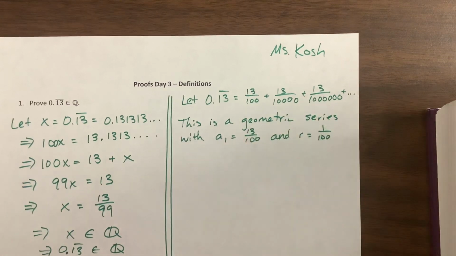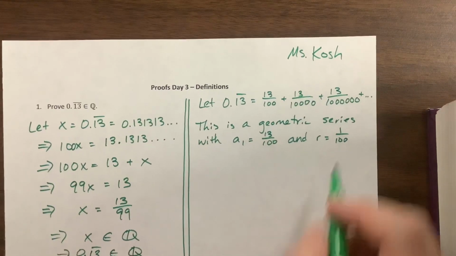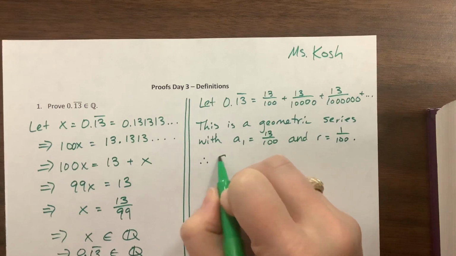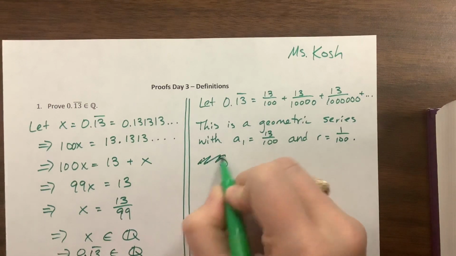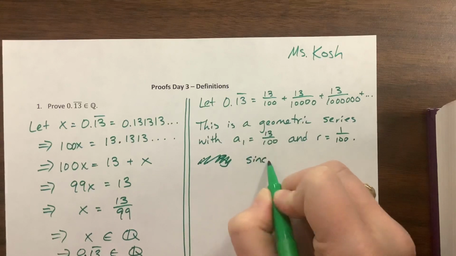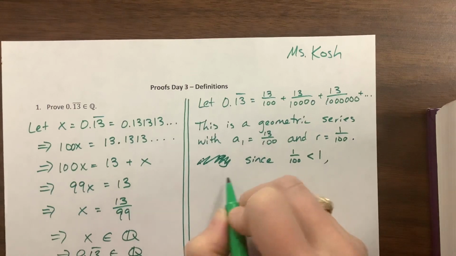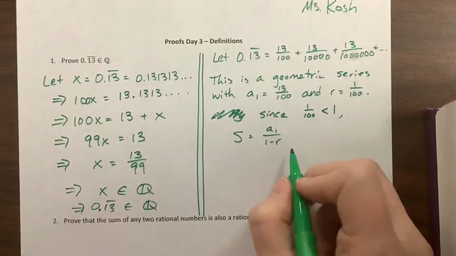Notice I'm multiplying by 1 over 100 each time, which puts 2 more zeros underneath. Therefore, since 1 over 100 is less than 1, the infinite sum is going to be equal to a sub 1 over 1 minus r.